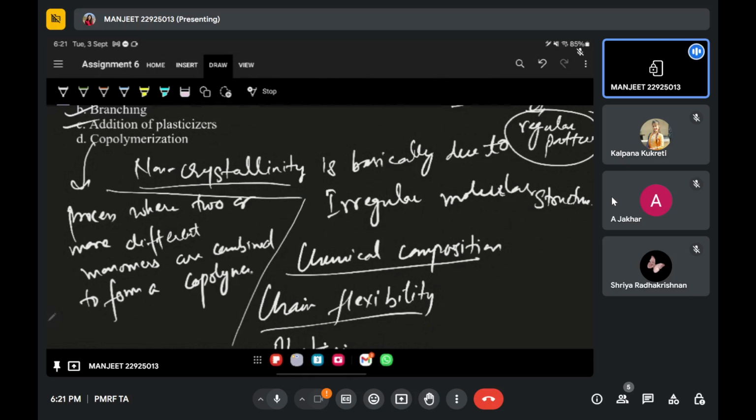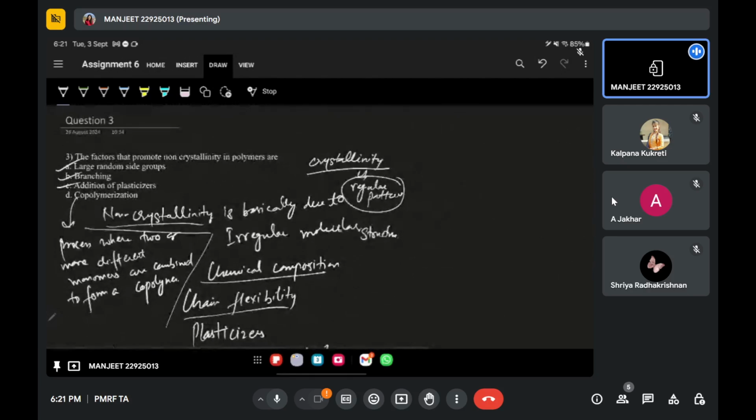So if two different kinds of monomers are combined in such a way, that also gives you irregularity in your pattern. So that will lead to non-crystallization in the polymer. So copolymerization is also one of the factors that promote non-crystallinity in the polymer.